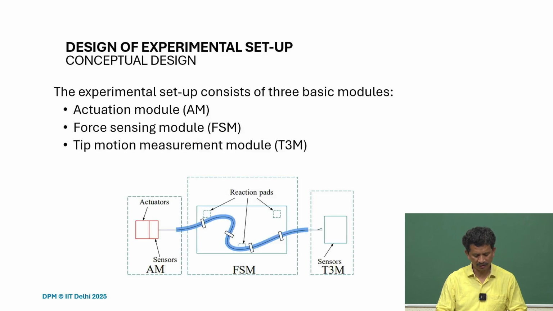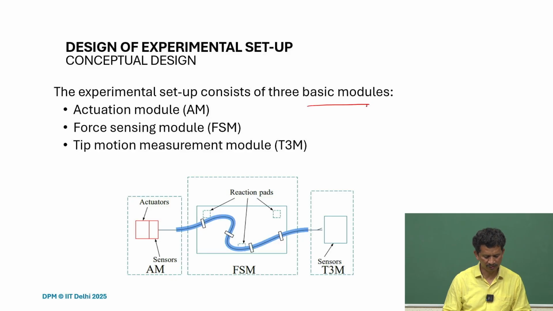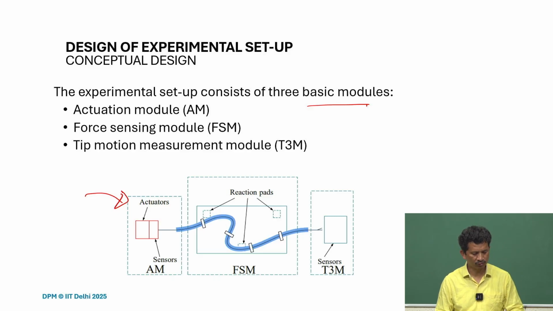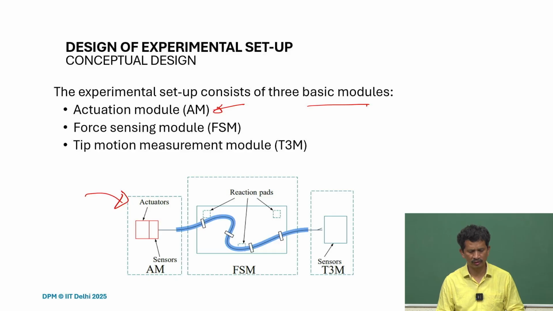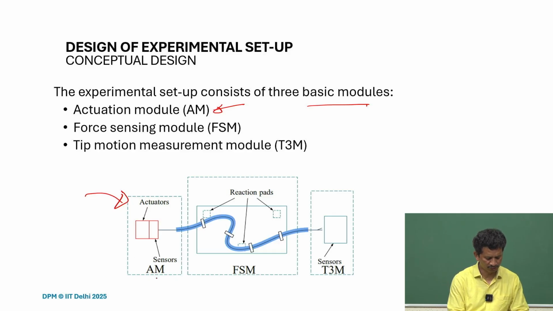So we started with the conceptual design, and first tried to visualize what kind of setup is required and what are the different modules. Depending on our requirement, we came up with three modules. One is the actuation module, which provides the input motion to the instrument, and of course it will have the sensors, encoders, built in.